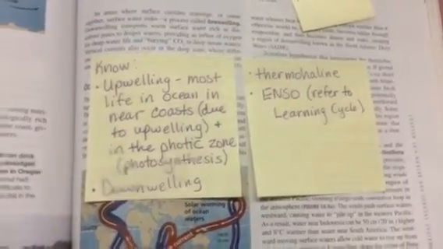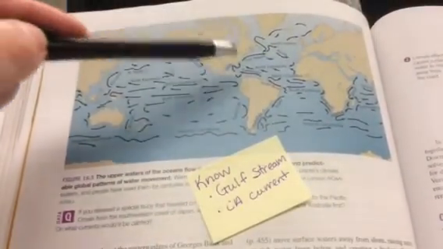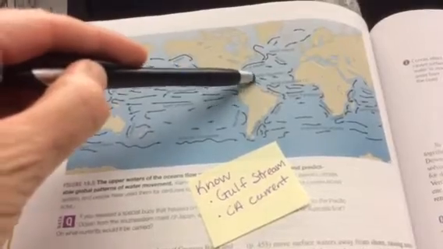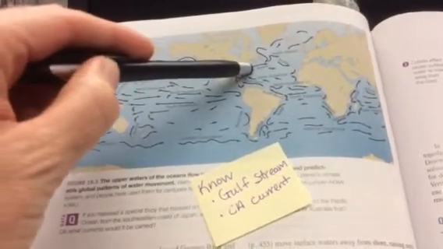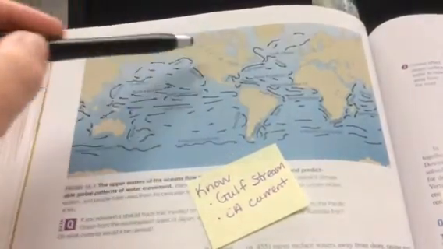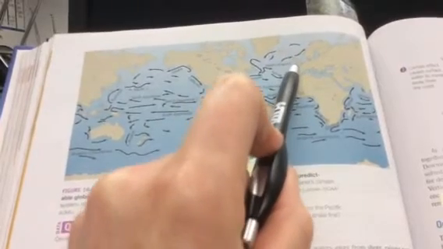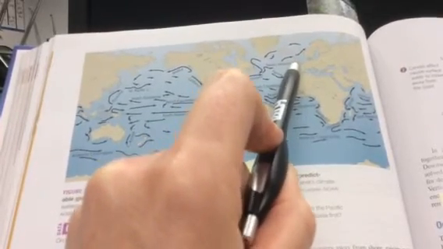On page 424, there's a picture of all the currents. The main two that you need to know is the Gulf Stream. The Gulf Stream brings warm water from the Caribbean up along the east coast, and it actually shoots over here. So if you look way up here, England is pretty high in latitude. It's actually really far north.